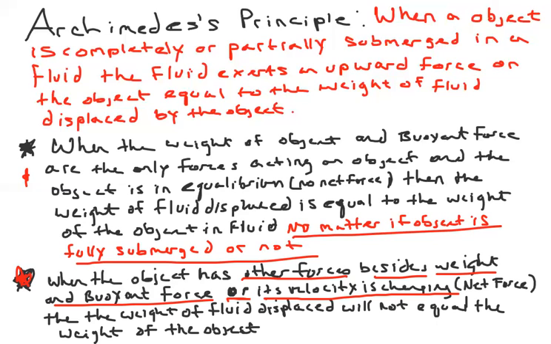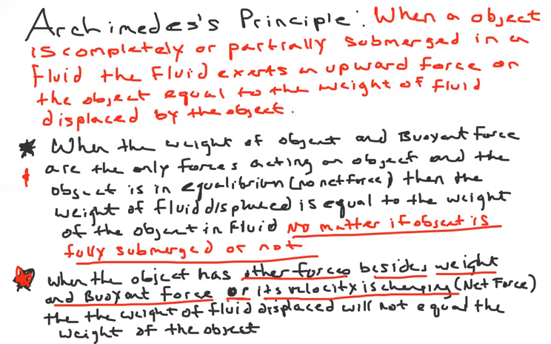So again, what's Archimedes' principle? It's trying to describe why an object floats or not, and it's all based on this upward force. And where's this upward force coming from? It's coming from the fluid. That's the most important thing. So when people say, where's the buoyant force coming from?